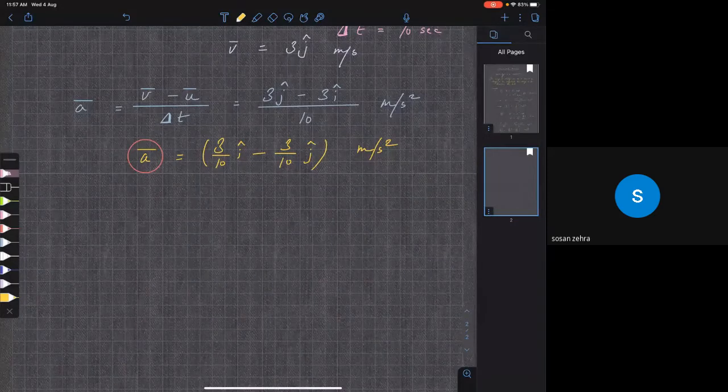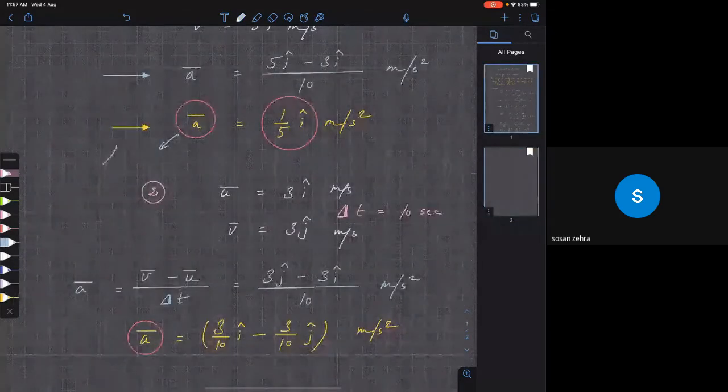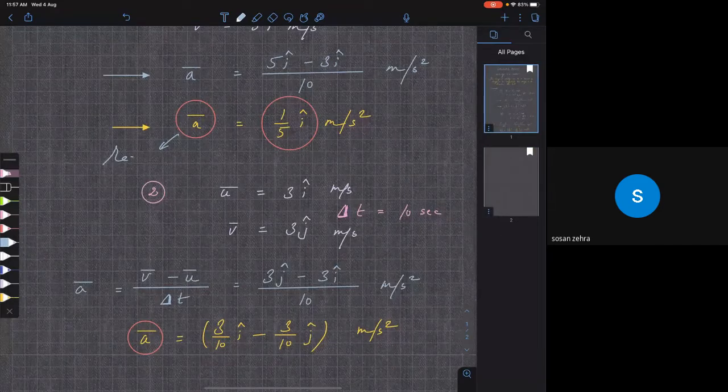So here, the first is the result of change in magnitude only.